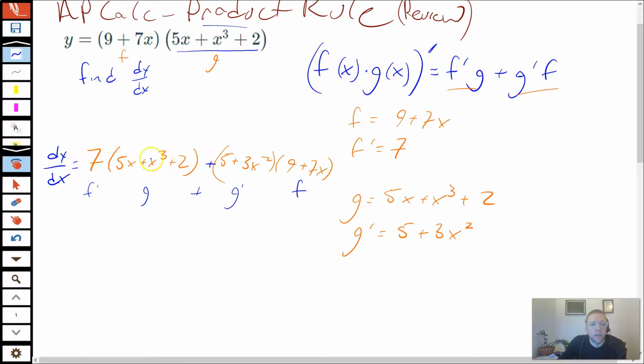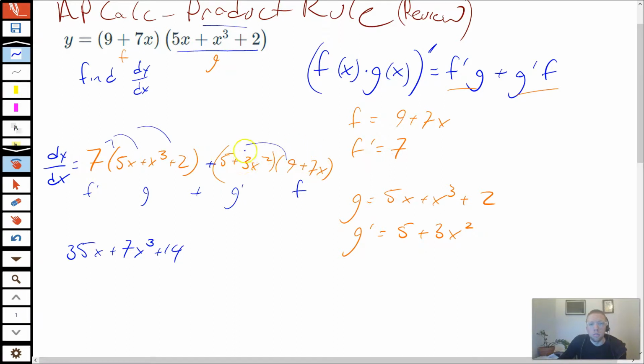So you don't need to simplify. It says specifically in any form in the directions. We can just simplify it for good measure because we will see as we get to some applications of this that it's usually more useful to have this in simplified form. So I'm going to go ahead and distribute my 7. And what does that get me? 35x plus 7x to the third plus 14. And then this guy, I could draw a Punnett square if I wanted to, but a lot of you can do this in your head, I bet.